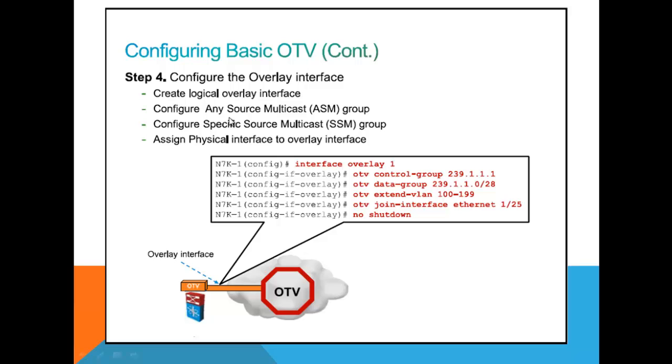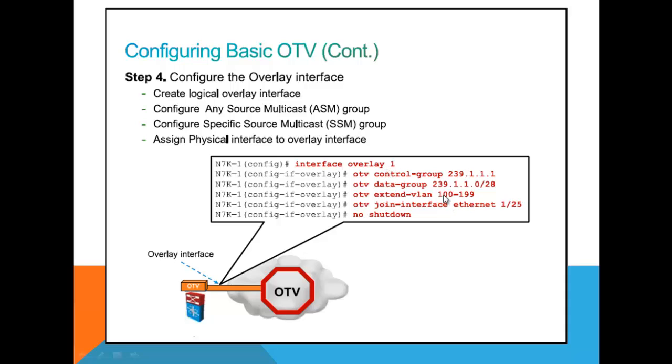When I say this, all traffic from the internal interface, when it wants to go to the remote, only the traffic that is coming from 100 to 199 and which has a destination in the remote will be allowed to use this OTV.